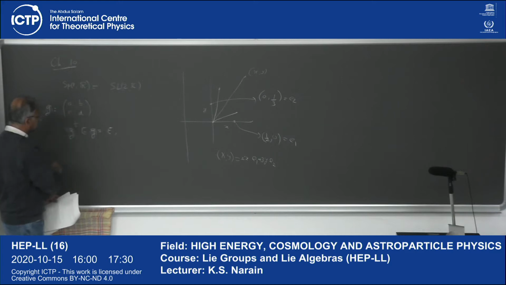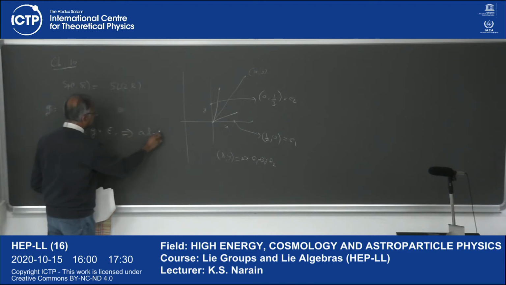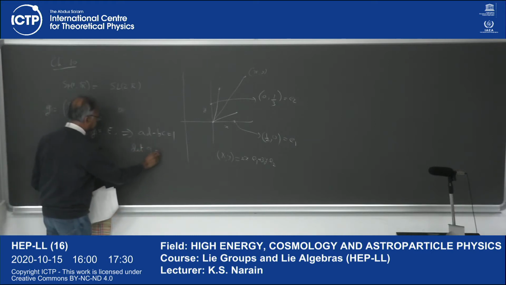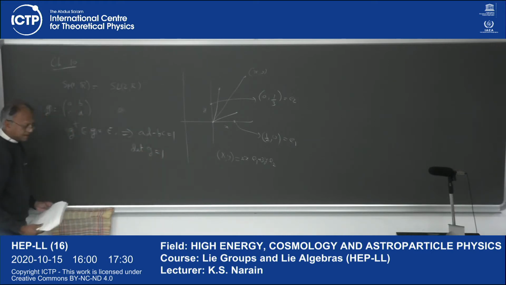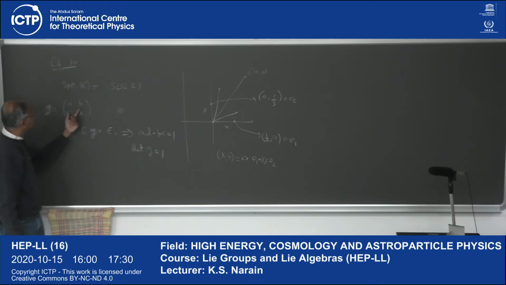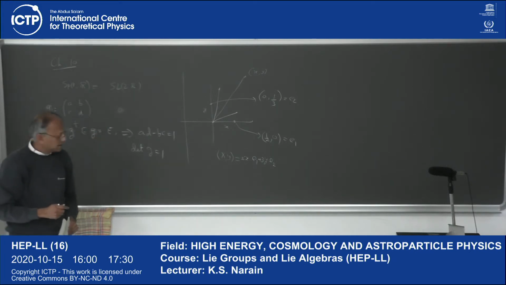This equation implies AD minus BC equal to 1. But that just says the determinant of G is 1. That was exactly the definition of SL2R: an arbitrary 2 by 2 real matrix where the only condition is that the determinant is equal to 1. So we conclude that SP1R is the same as SL2R.